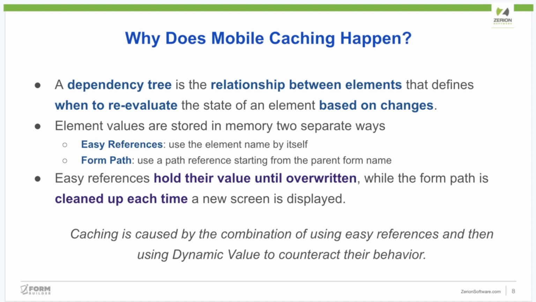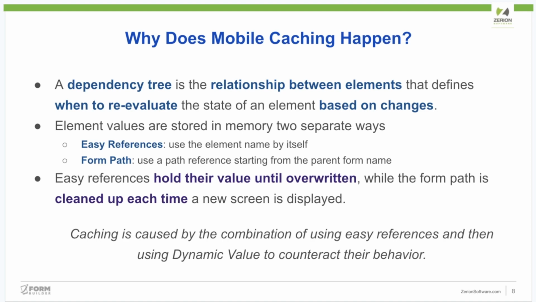You'll set the dynamic value of the first name field to something like first name equals an empty string, just a pair of double quotes next to each other. And what you're doing is using the dynamic value to overwrite those easy references to circumvent the caching. So you're going through a two-step process to overwrite the caching, instead of doing the one-step process, which is using the form path reference.